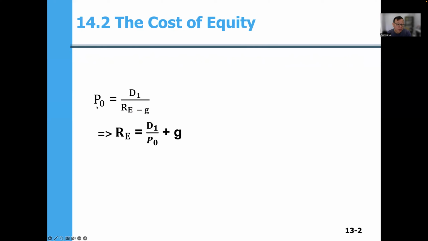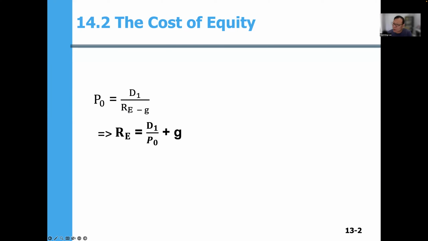So your price of a stock equals the expected dividend, D1, which is the subsequent period, divided by the expected return of the equity from the investors minus the dividend growth rate. In this model, we are assuming that the dividend will grow at a constant rate, g. So hopefully you can still remember this formula.